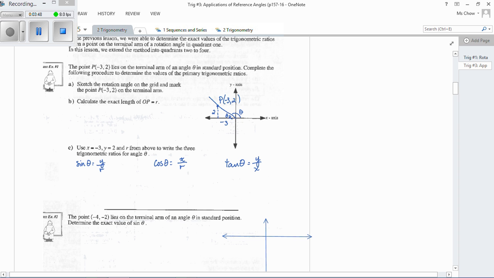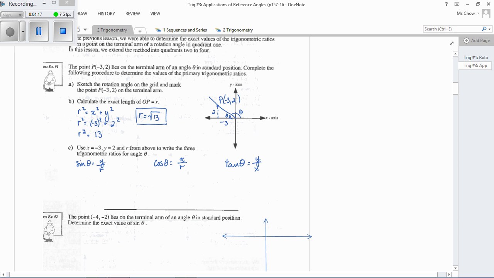We know that r squared is equal to x squared plus y squared, so r squared is equal to (-3) squared plus 2 squared. r squared is 13, which tells us r is equal to root 13. We can then take a look at our trig ratios.